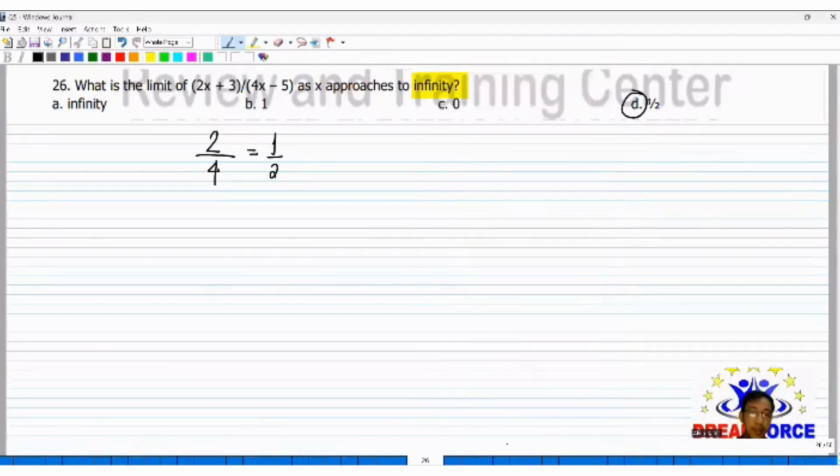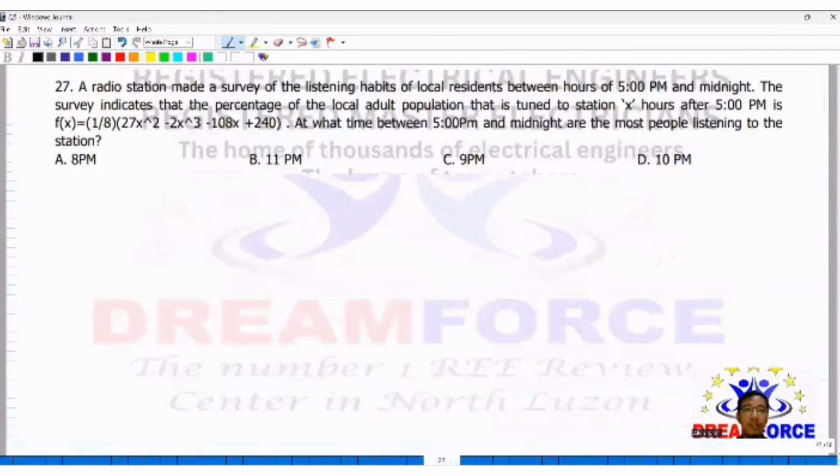Okay, next, 27. A radio station made a survey of the listening habits of local residents between hours of 5 p.m. and 12 midnight. The survey indicates that the percentage of the local adult population that is tuned to station X hours after 5 p.m. is given by a function.